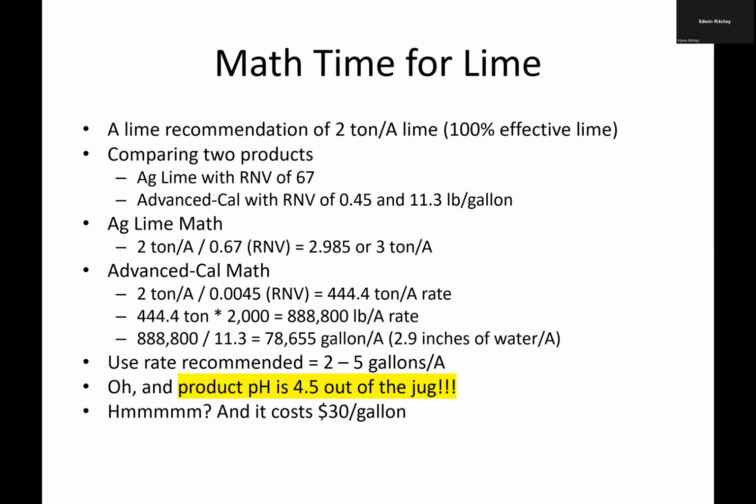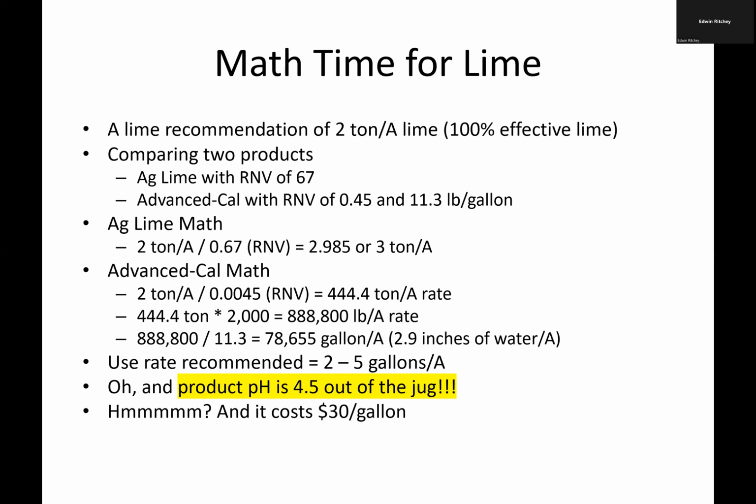If we use that Advanced Calcium product with that RNV, it's 444 tons per acre. Well, we're talking about a liquid, so how much is that? Roughly 80,000 gallons of water to make the same pH change as 3 tons of ag lime. That's equivalent to putting 2.9 inches of water per acre over a field.